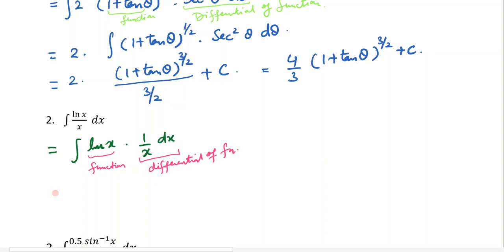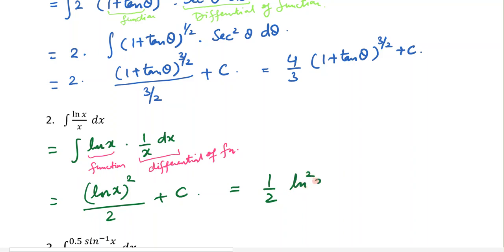So using the power rule, the solution should be, raise the power of the function by 1, so ln x raised to power 2 over 2 plus c. Or if you prefer, you can rewrite this as 1 over 2 ln square x plus c.